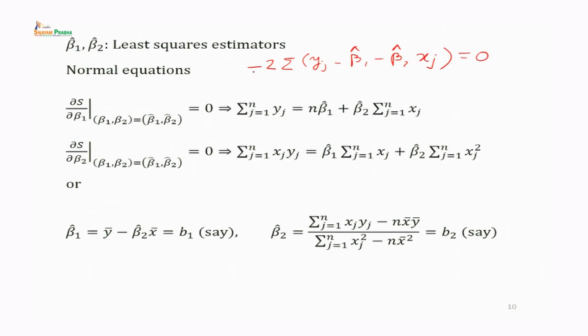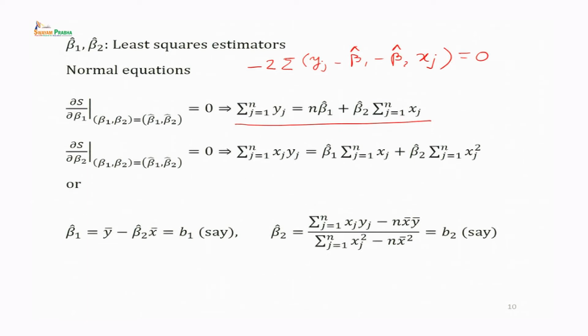This gives you the first normal equation. These equations are called normal equations. Similarly, if you differentiate with respect to beta 2 and take beta 1, beta 2 equal to beta 1 hat, beta 2 hat and put it equal to 0, then you get the second normal equation.